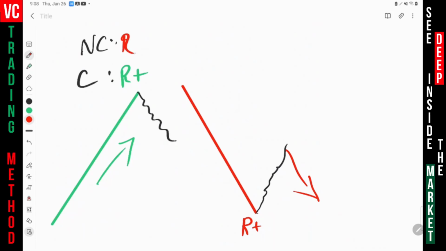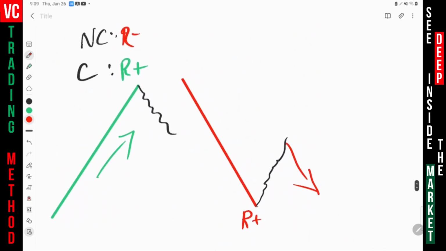Here the non-continue results are negative. Similarly here, the continued results are positive, and the non-continued results are negative.